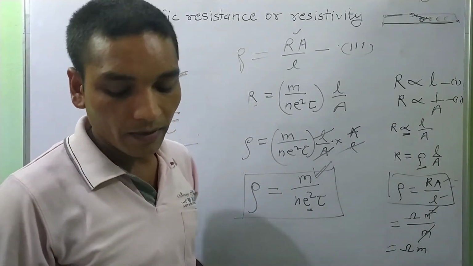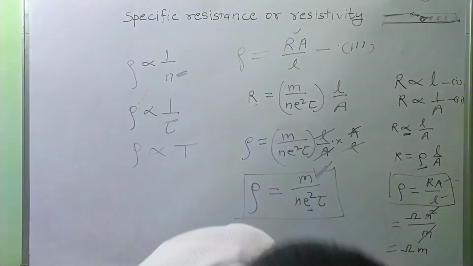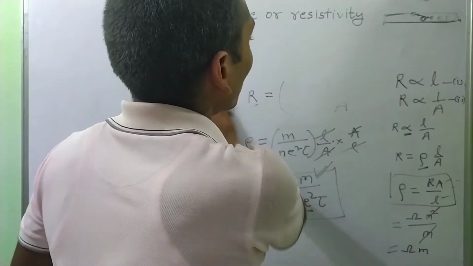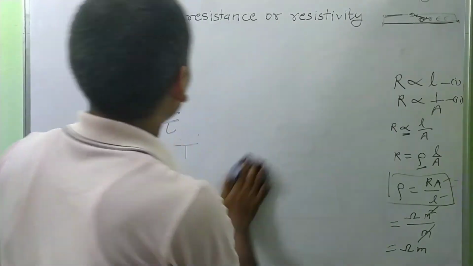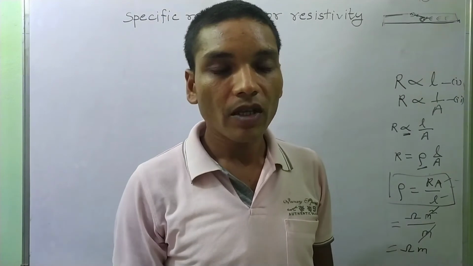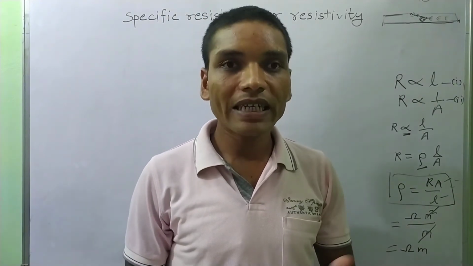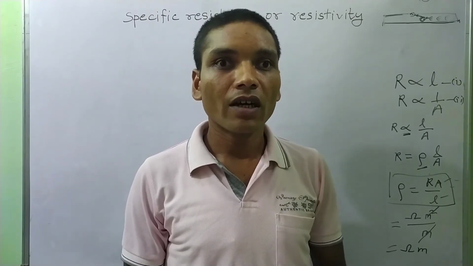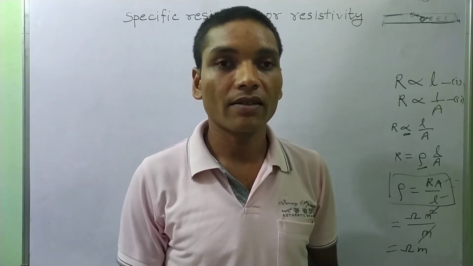Okay, now we will learn again about the resistivity of an alloy and the resistivity of a conductor. Why is the resistivity of an alloy more than that of the constituent metals?